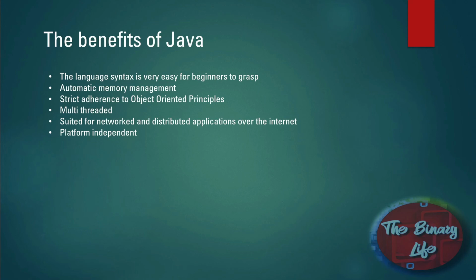It is multi threaded. It is very well suited for networks such as the World Wide Web, or rather the Internet. Lastly, but not the least, there is platform independence, which basically means if you write your code on Windows operating system, you can run that code on Linux or Mac OS or say Android, which adheres to the write once, run anywhere principle.